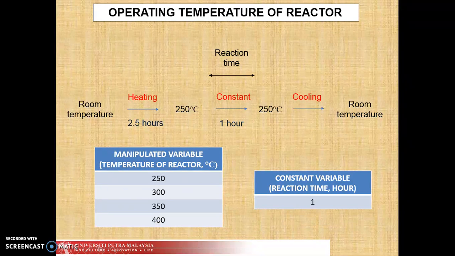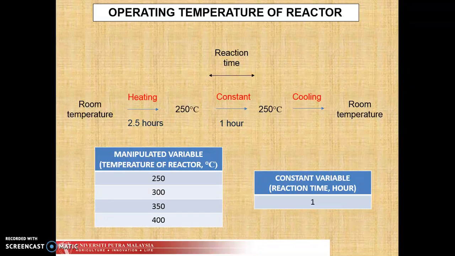This is the operating temperature of the reactor. From room temperature, heating up to 250 degrees Celsius will take about 2.5 hours, and then the reaction time is about 1 hour, and after that cooling back to room temperature.